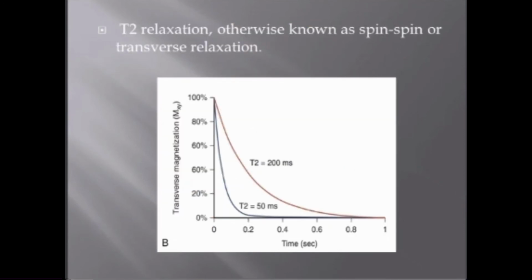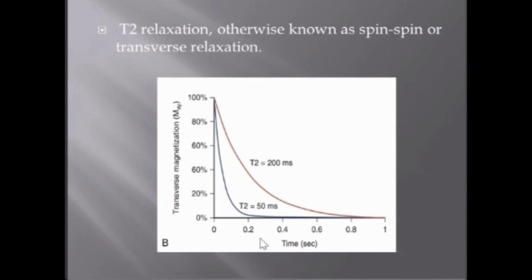Next is T2 relaxation, otherwise known as spin-spin or transverse relaxation. A plot showing T2 decay from two tissues with different T2 values, the red curve and the black curve. Immediately after a 90-degree RF pulse, again, all the magnetization is found in the x to y plane.